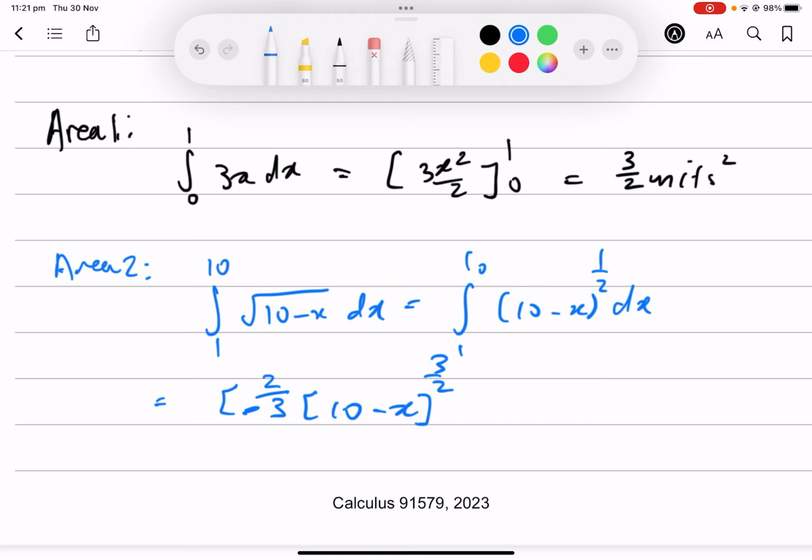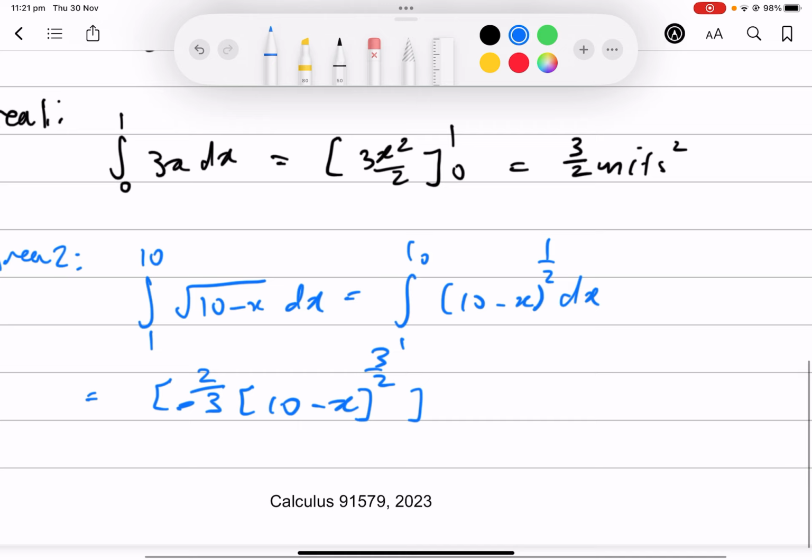So we have negative 2 on 3 times 10 minus x to the power of 3 on 2 between 10 and 1. That's equal to negative 2 on 3 multiplied by 10 minus 10, that's 0. So that's just going to be 0. Great. Oops, sorry. So that's 0.